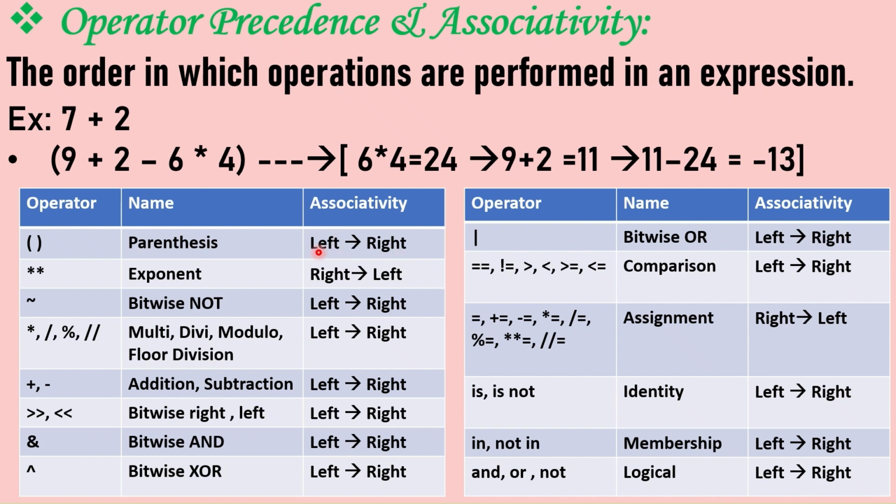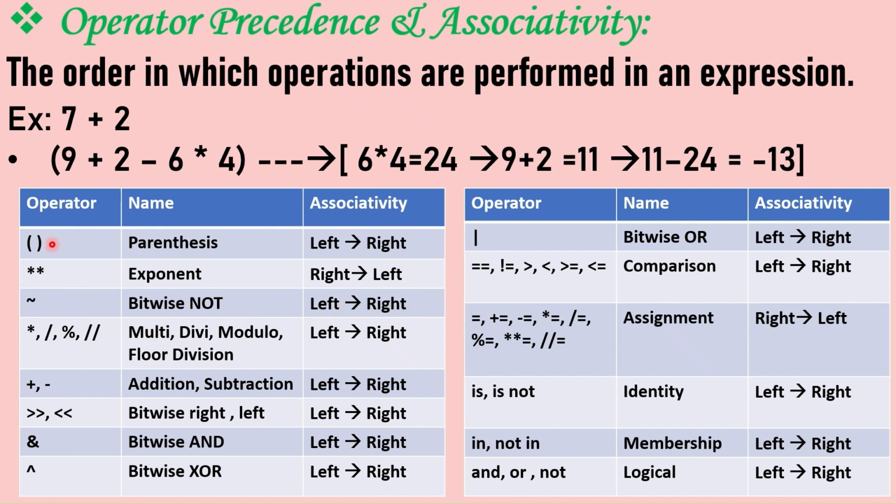After the parenthesis operator, we have the exponent operator, and its associativity is from right to left. Here, for parenthesis it is from left to right, whereas for exponent it is from right to left. After exponent, we have bitwise not, and the associativity is left to right.